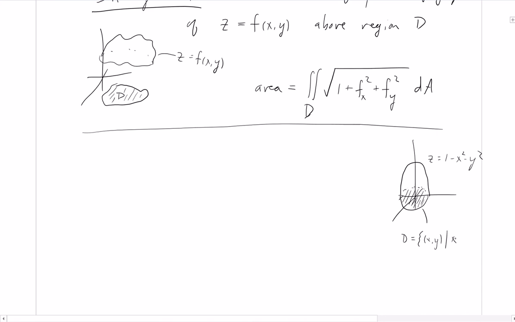So it's the xy points so that x squared plus y squared is less than or equal to 1. You can see this because it's going to be exactly where the graph intersects the xy plane. So if z equals 0, just manipulate the equation around, you'll get x squared plus y squared equals 1, and that's the boundary of the region D.